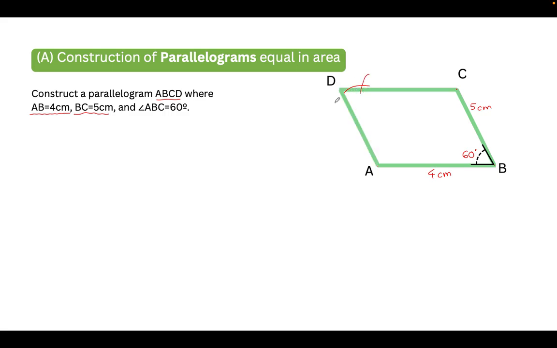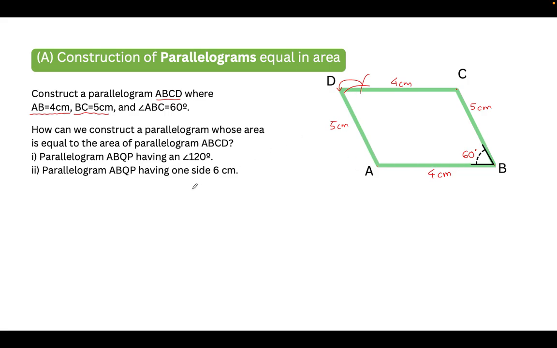So this will be D. So this is ABCD. This is 4 centimeter as well, and this is 5 centimeter as well. You will visualize it actually and in good ways in our practice video that will come after this video. So keep looking to our channel as well. So we have constructed the parallelogram ABCD.